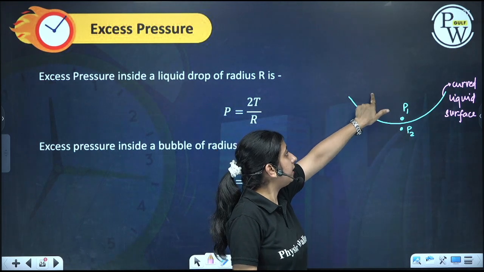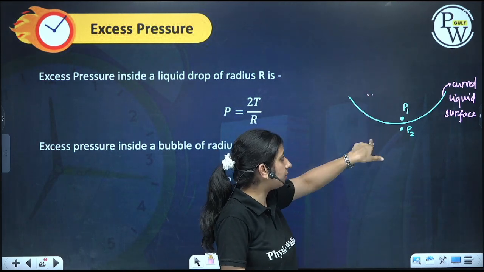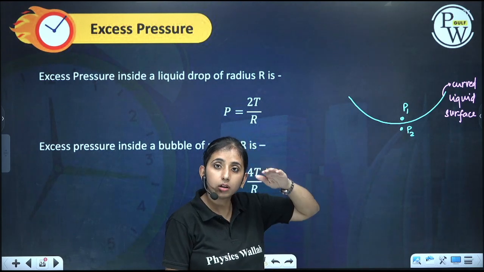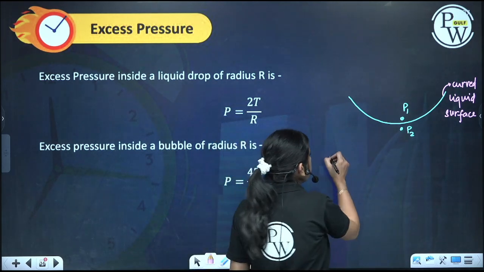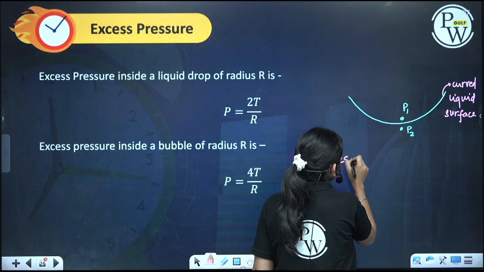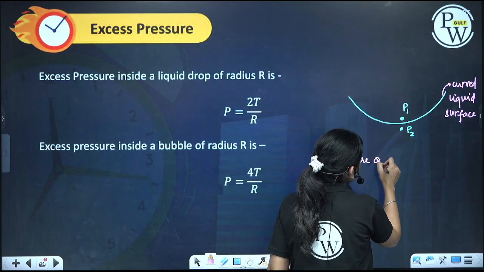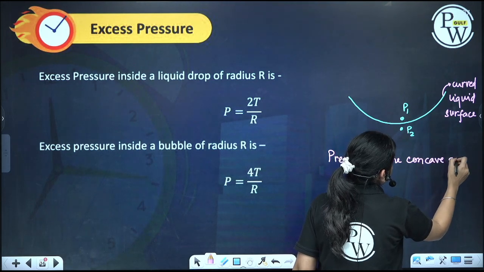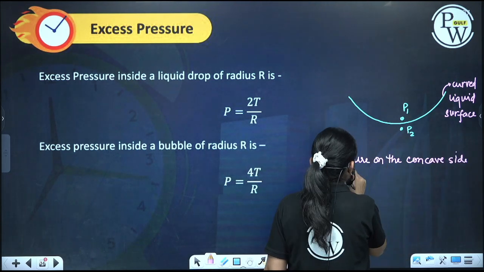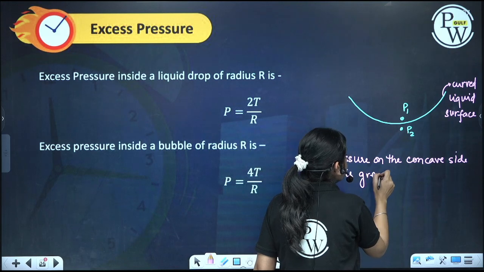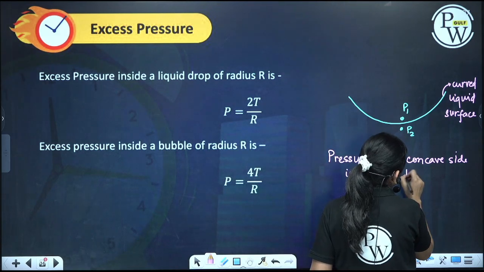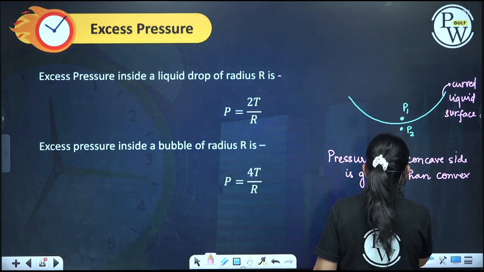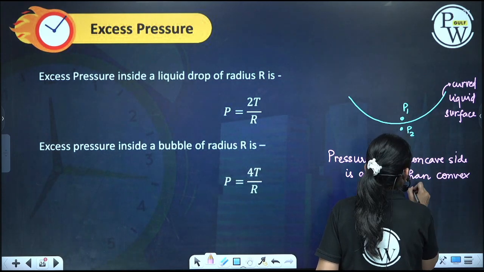This can be liquid-vapor phase or vapor-liquid phase; for both cases it will be the same. This is a curved surface of a liquid, so the pressure on the concave side is greater than the pressure on the convex side of the liquid.